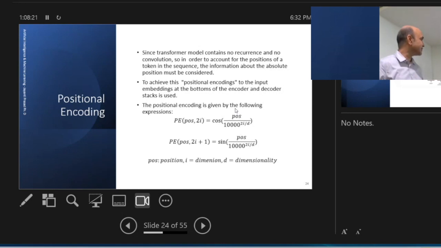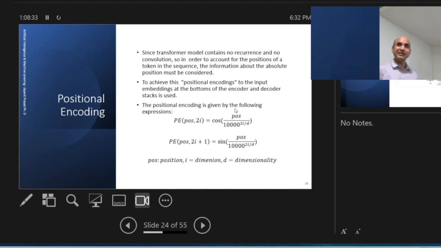Mathematically, these equations at the bottom are quite interesting. You are all familiar with cosine and sine functions, particularly in the context of Fourier transformations. There are frequencies, different frequencies or harmonics, and they are used in all cases like signal communication.